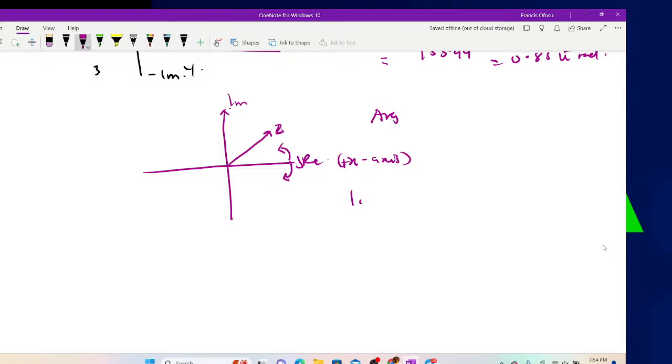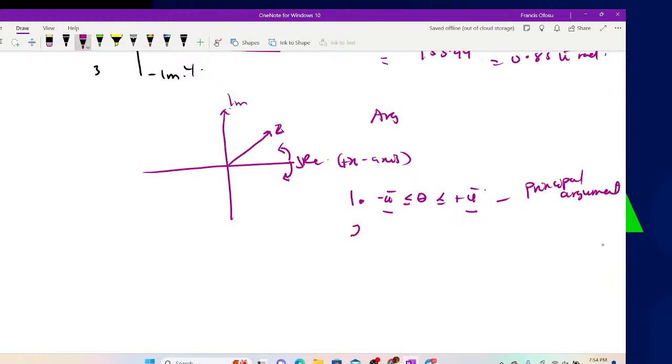The first convention I'm talking about is the convention where theta is between negative pi and positive pi. Whenever you are applying the first convention, you make sure that your theta is always lying between negative pi and pi. This is what we call the principal argument.